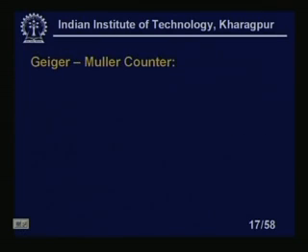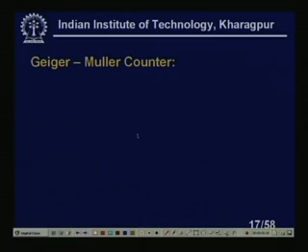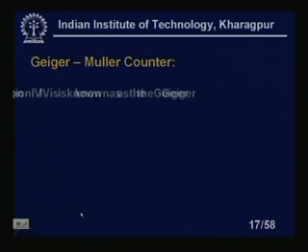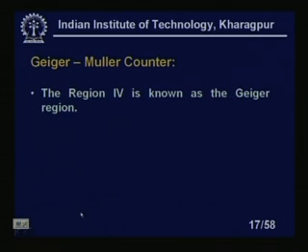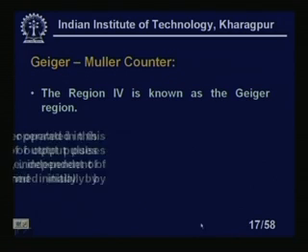Now, let us look at the Geiger-Müller counter. Again, I am telling you, it should look like this, with an umlaut. Region 4 is known as the Geiger region of the characteristic curve of the detector.